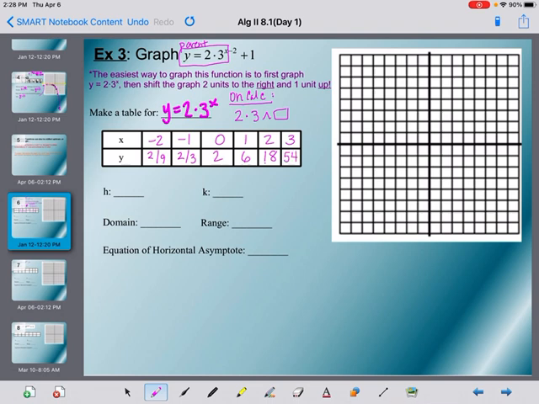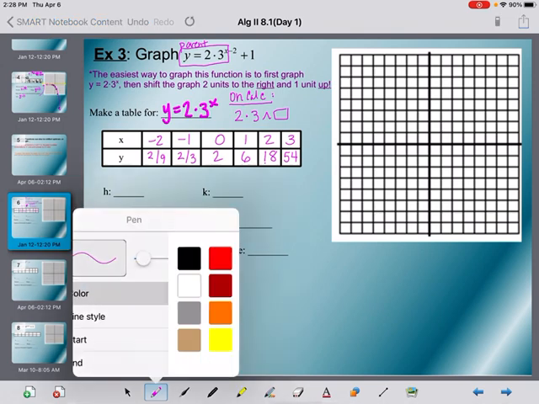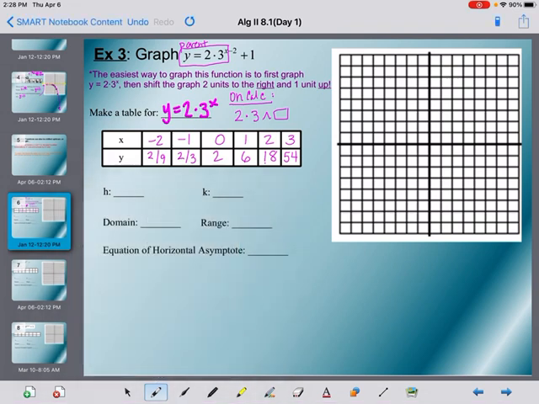All right, so now let's go ahead and plot our points. I'm going to switch back to black here for my parent graph. I've got negative 2, 2/9, so just a hair above zero, it's not quite a third. And then negative 1, 2/3. And then 0, 2, there's my y-intercept, that a value.